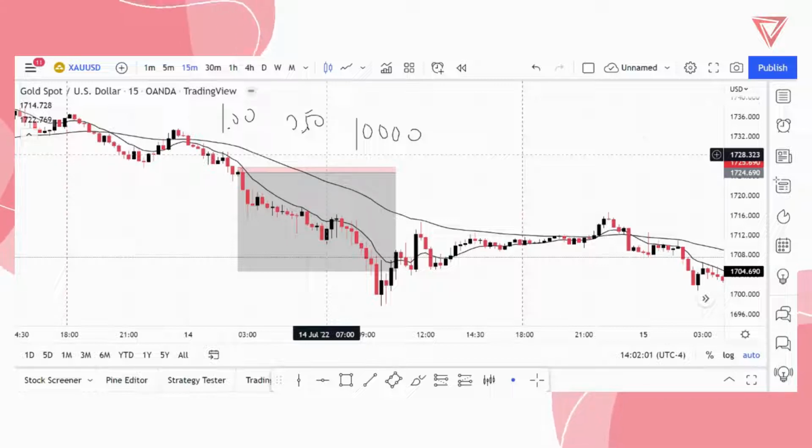You can literally go 0.50, which is your lot size, by 100, which is basically 10 pips, right? This is on your calculator, and you realize you're going to get the answer of $50, right? So you're risking 0.5% of 10,000, which is $50. 1% would be $100, half of 1% would be $50.